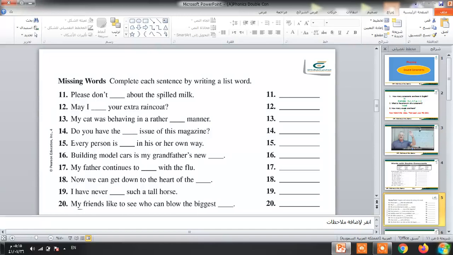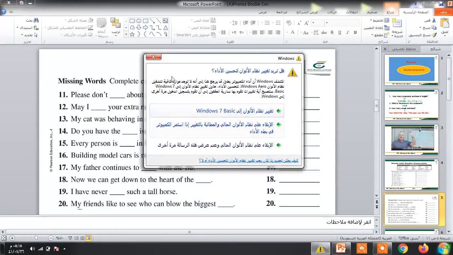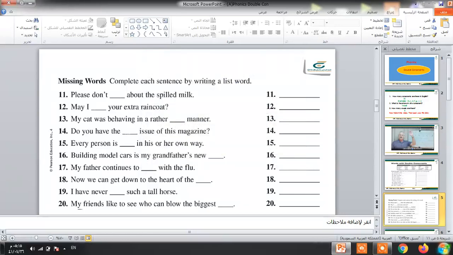Now, do you have the issue? Issue means topic or like that. Do you have the current issue of this magazine? Current issue, the latest issue of this magazine.